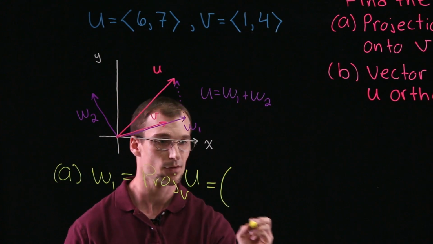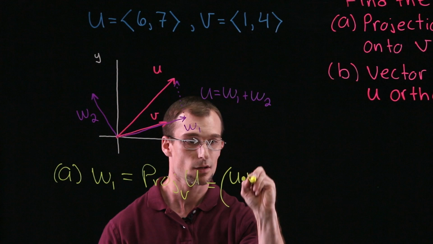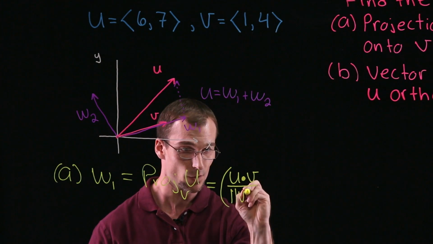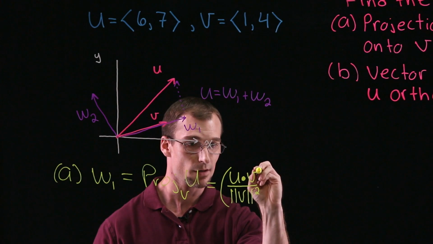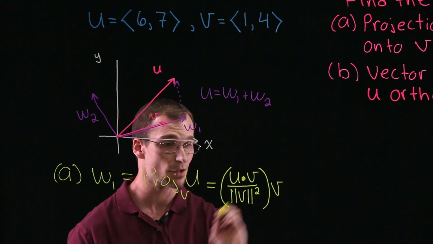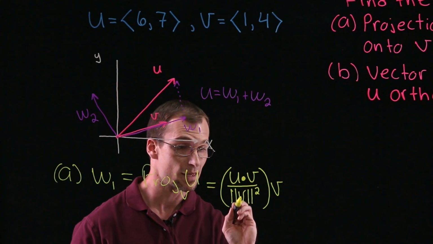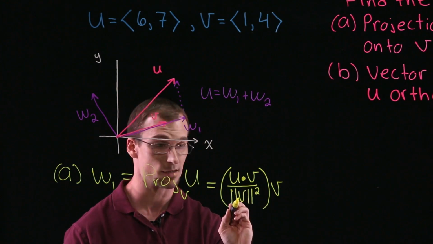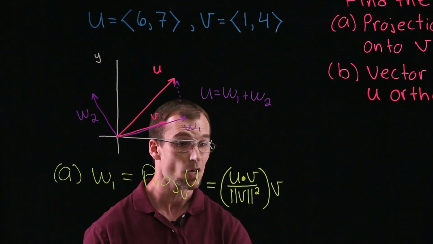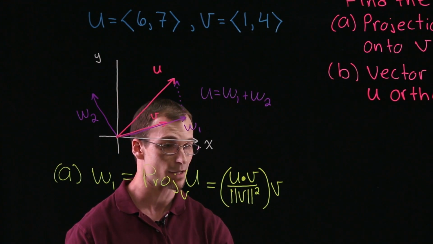Well, that's taken as the quantity of the dot product between u and v divided by the magnitude of v squared, and that's times v. So paying attention to this formula, we remember if we have a dot product between two vectors, that's a scalar. And the magnitude of v is a scalar, so squaring that is a scalar. So really what's going on is a scalar multiplication with the vector v. So all we have to do is find u dot v, and then the magnitude of v squared.